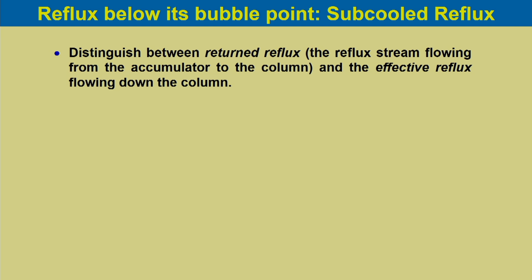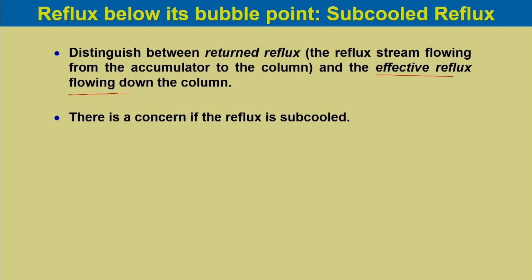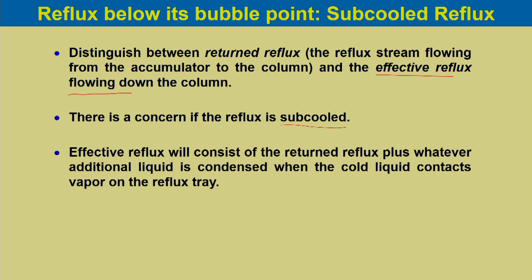That is the return reflux, and the other one is the effective reflux flowing down. There is a concern if the reflux is subcooled. If the reflux coming after the condenser to the reflux drum and then to the top tray is subcooled, then there is a major concern for the design.